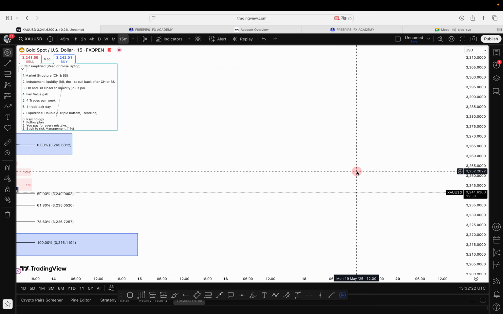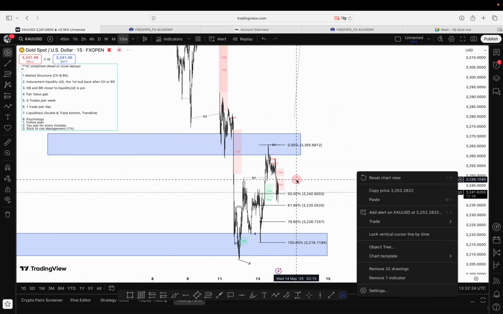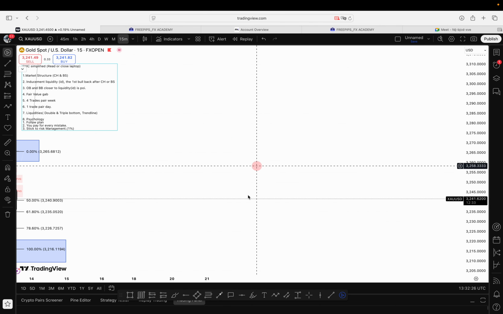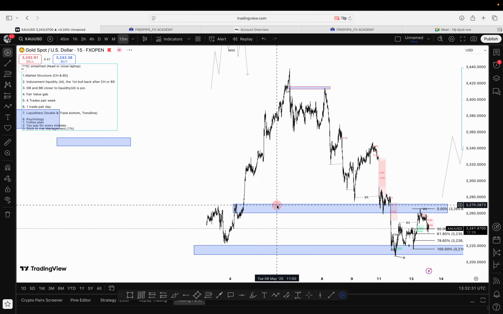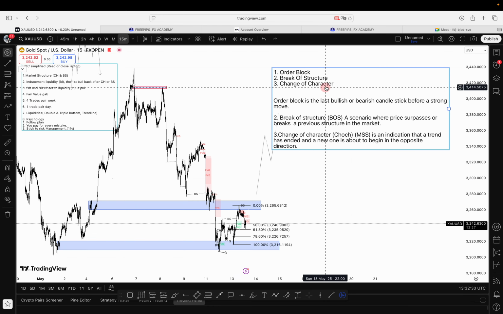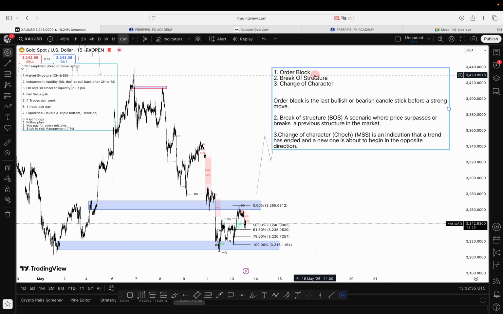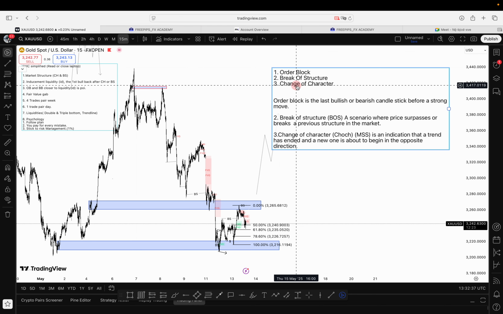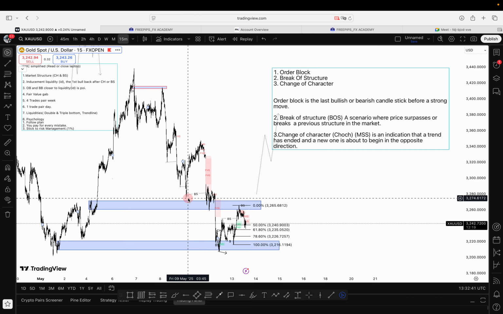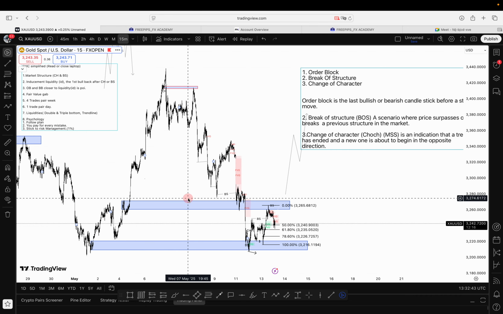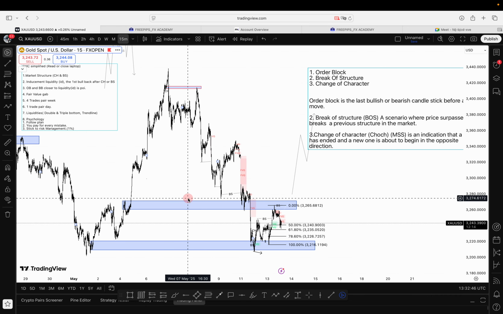So going to what we were doing. Okay. So order block, break of structure, change of character. Now we can identify order block, change of character, and break of structure.